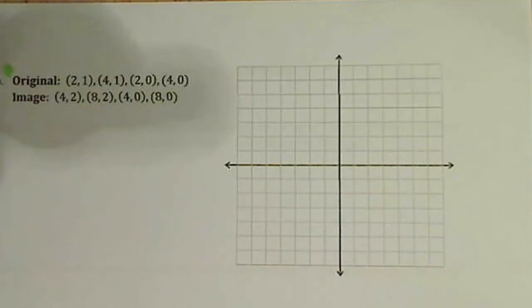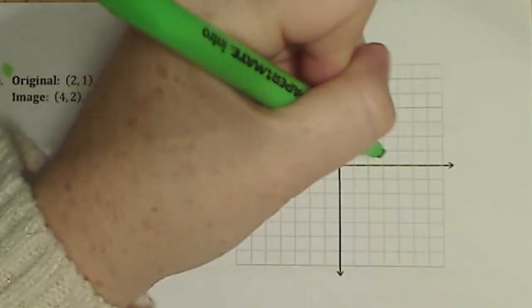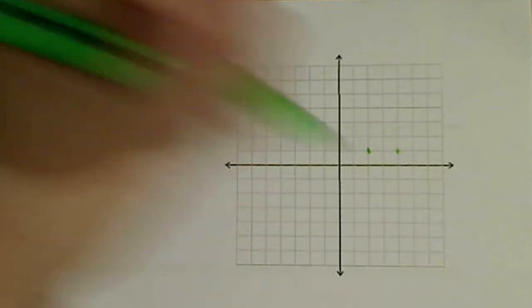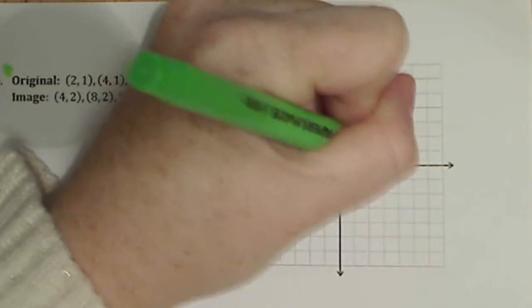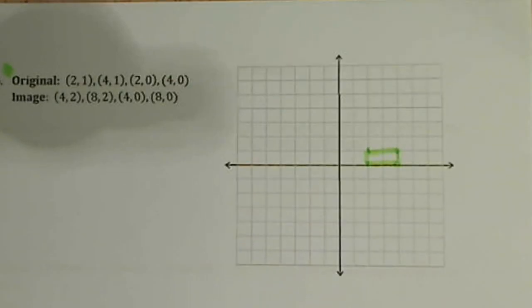So we've got 2, 1, 4, 1, 2, 0, and 4, 0. This tiny little rectangle right here. That's the original. Let's plot the image.